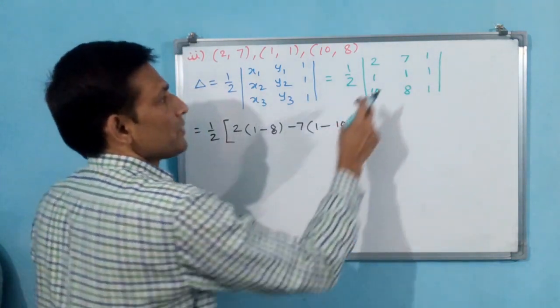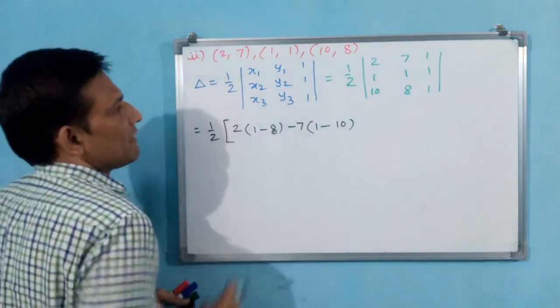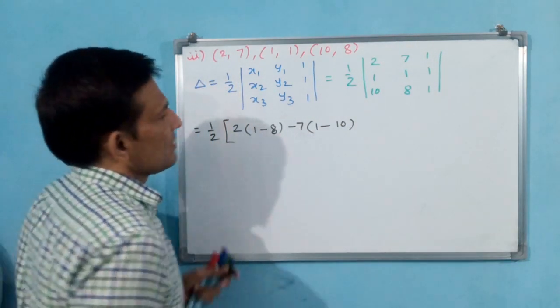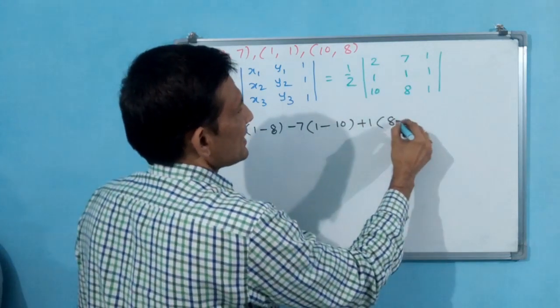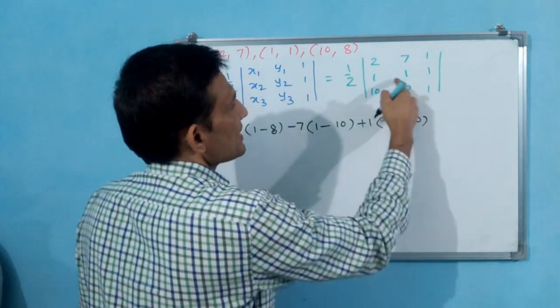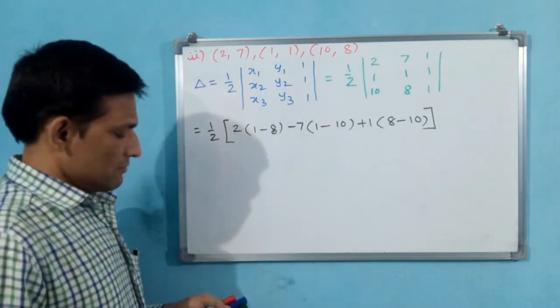Is it okay? Minus 7. Why? Plus minus plus. Minus 7, 1 minus 10. Okay. Now plus 1 into 8 minus 10. Is it okay? Close it.